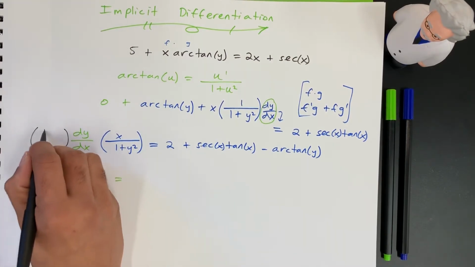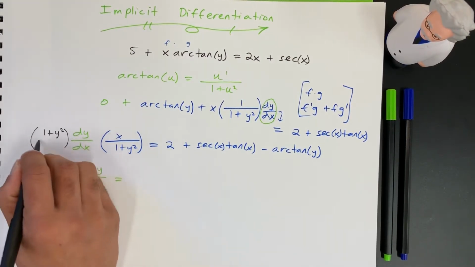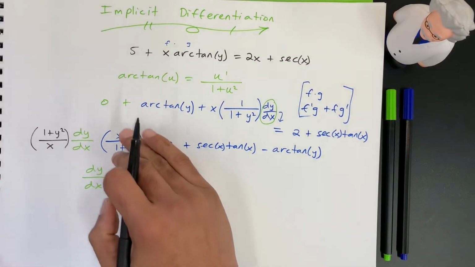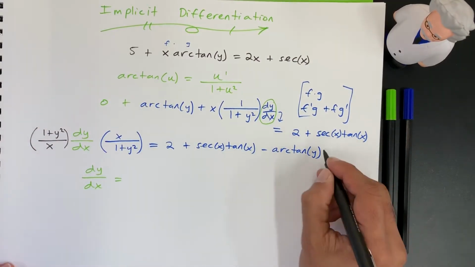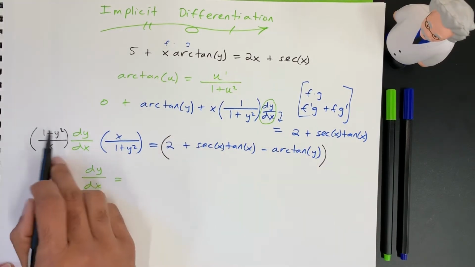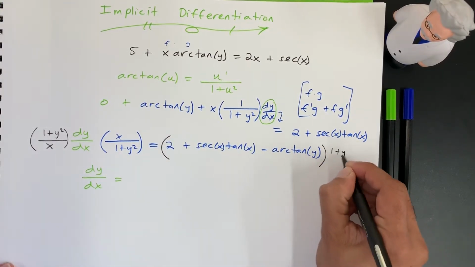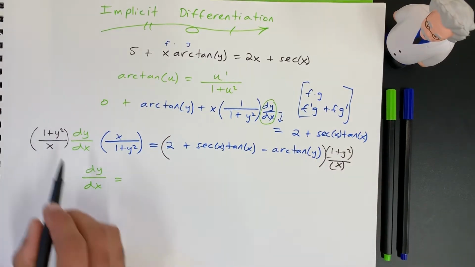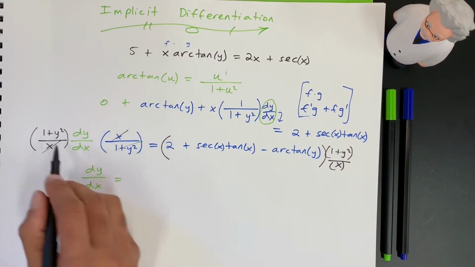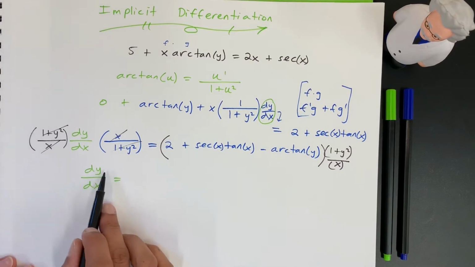So if I multiply by 1 plus y squared over x, right, these two are reciprocals, and so I have to multiply this side here by 1 plus y squared over x. All right, so this side here cancels, and we're left with dy dx.